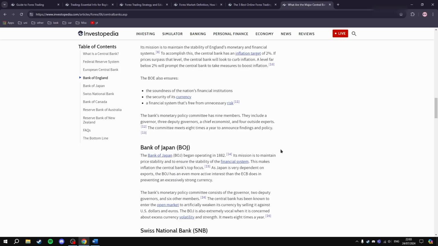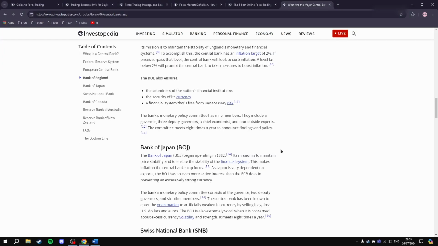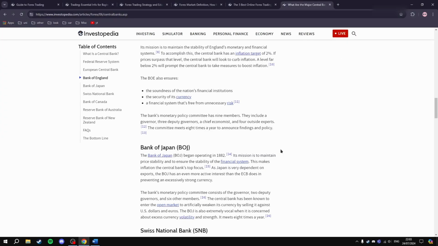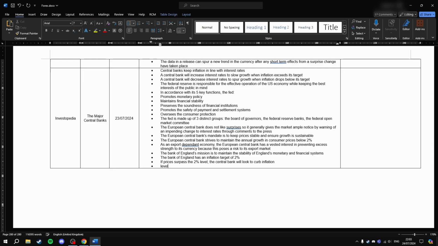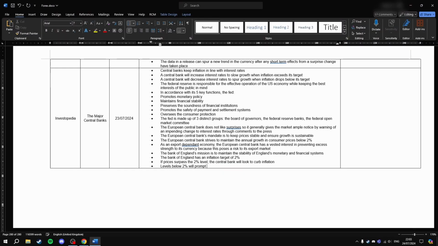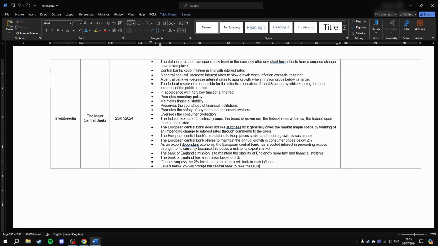A level far below 2% will prompt the central bank to take measures to boost inflation.